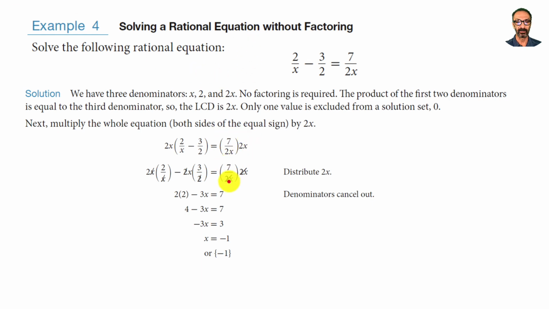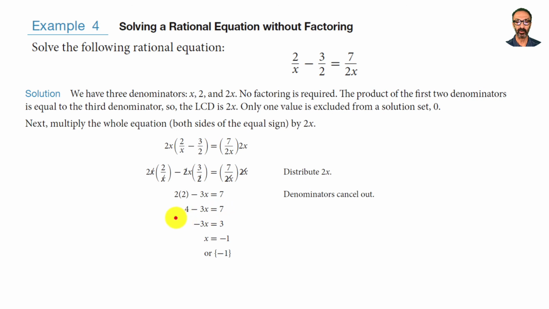And the 2x and 2x cancel. The 2x right here will get distributed, as mentioned. Between 2x and x, you get 2. Between 2x and 2, you get x. x times 3 is 3x with a minus. 4 minus 3x equals 7.